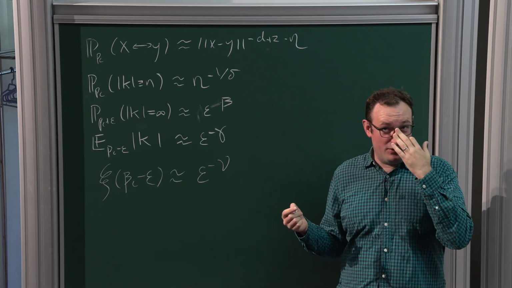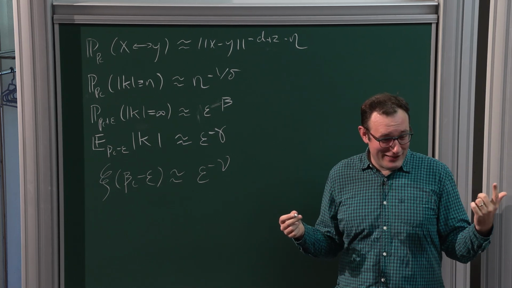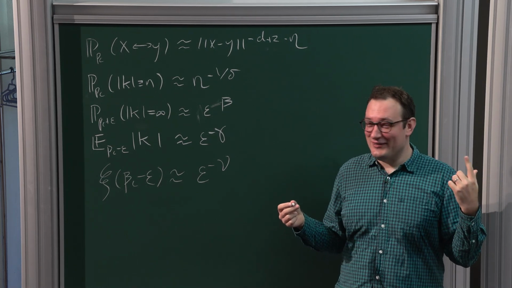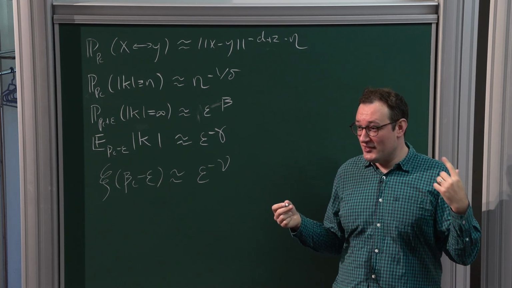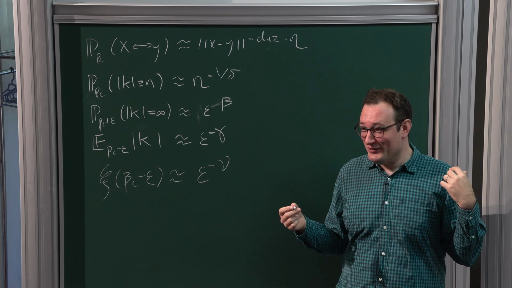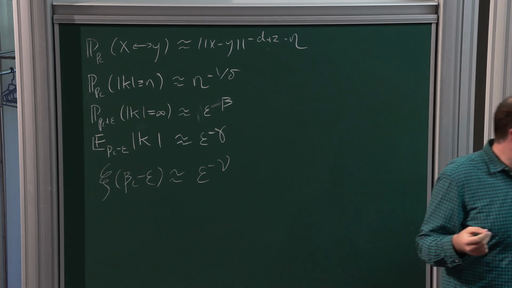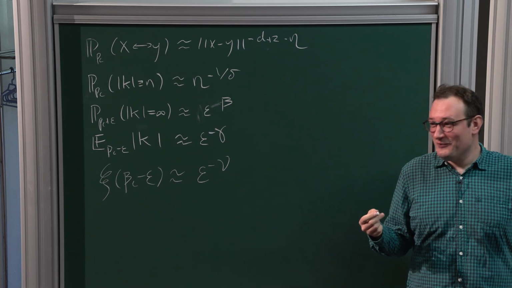For example, I should say these things are subject to revision because it's very hard to check these numbers are correct. But the power of the logarithmic correction for the effective resistance on the clusters appears to be 5/24. So whatever your exact function is, its derivative is going to be 5/24.